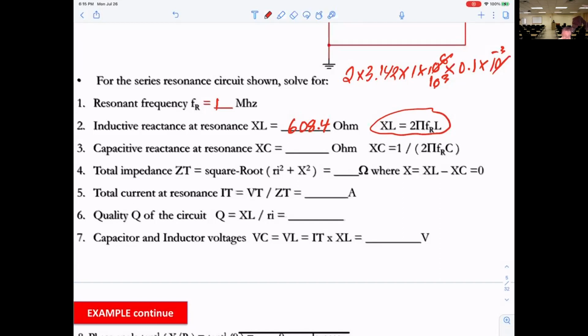If you want to calculate the capacitive reactance, you can use this formula. However, can you tell me right away what XC equals at the resonance?